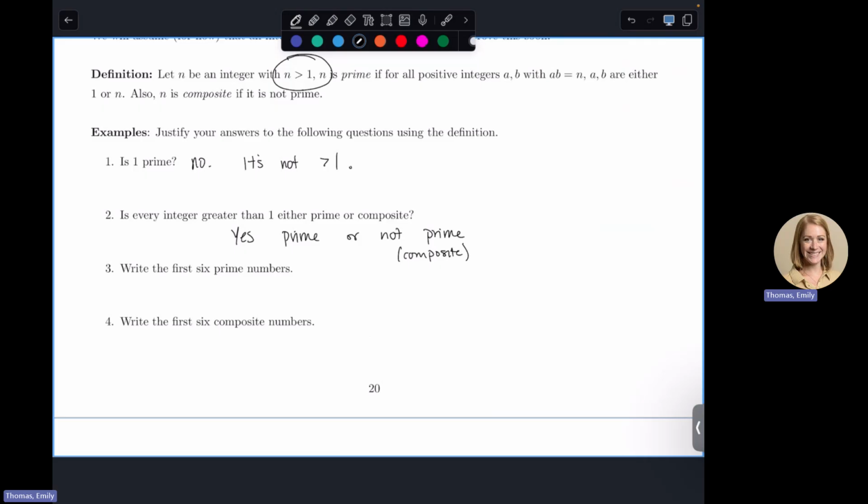Okay, help me write the first 6 prime numbers. Don't start with 1. Oh, okay, and then the first 6 composite numbers. 4, 6, 8, 9, 10.